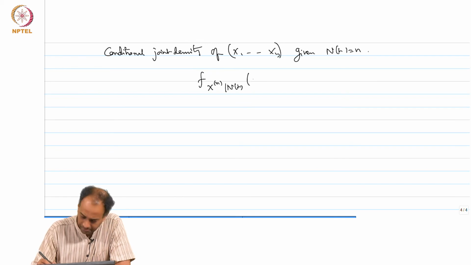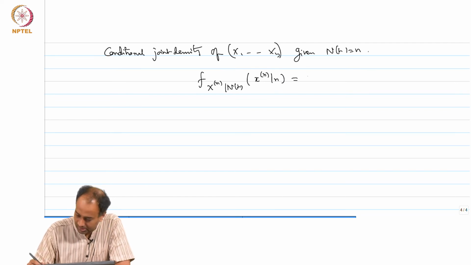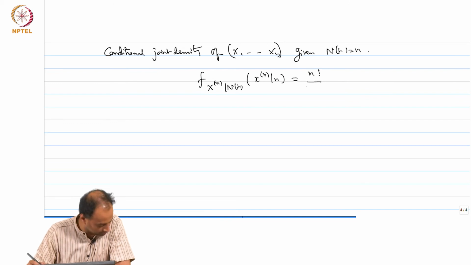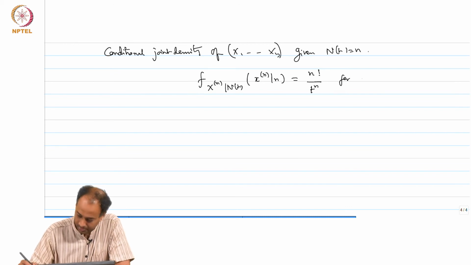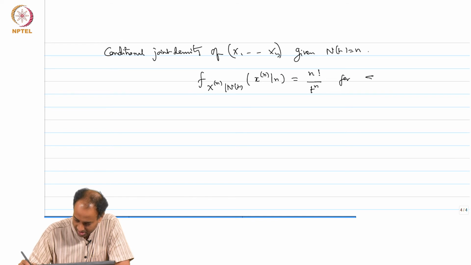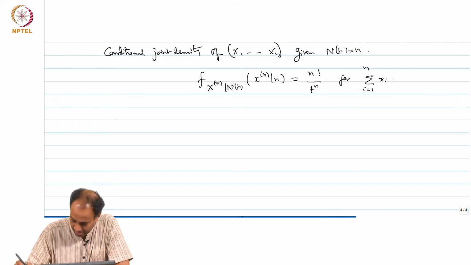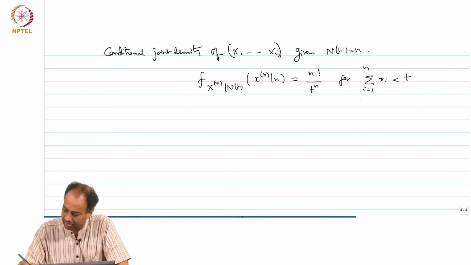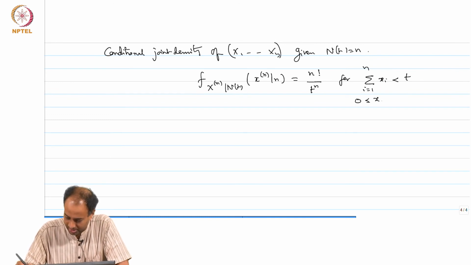The expression will be the same, because after all the density is constant, equal to n factorial by t power n, for essentially you have this, right, i equal to 1 to n, little xi less than t and 0 less than or equal to xi.